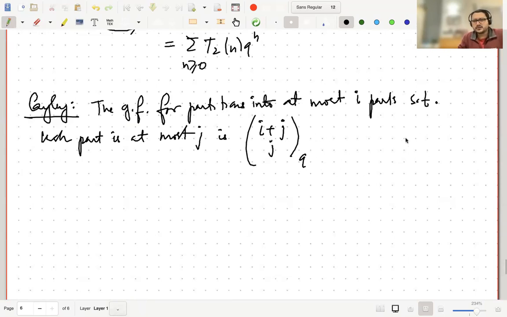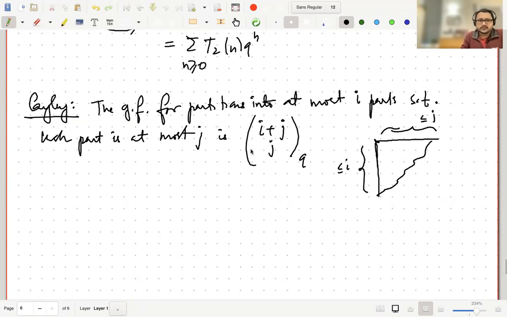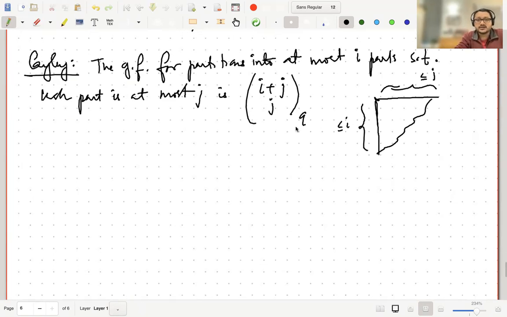So how does this partition look like? If you make the Ferrers diagram, the shape will be something like this, where this is less than or equal to I, and this is less than or equal to j. The very nice result of Kelly is that the generating function for these partitions is a very nice Q binomial coefficient.